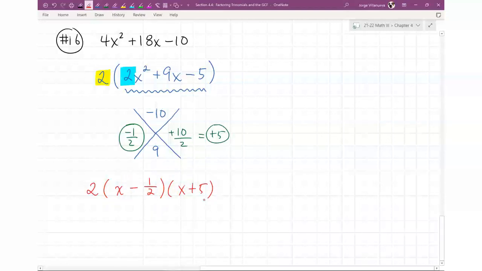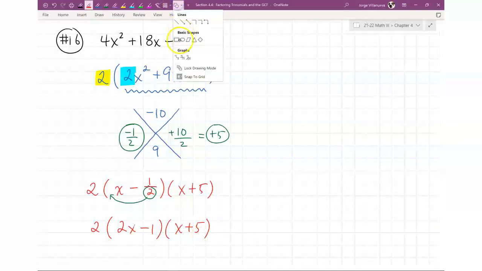Get that half part, the denominator, and move it to the front. Move it up to the front. So your final answer is 2 times 2x minus 1 times x plus 5. Okay, that's the solution you're going to be looking for.